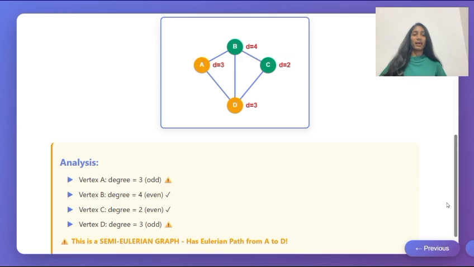B and C have even degrees, so the Eulerian path must start at one odd vertex, A, and end at the other odd vertex, D. You cannot make a loop here because you start at one odd vertex and end at the other.